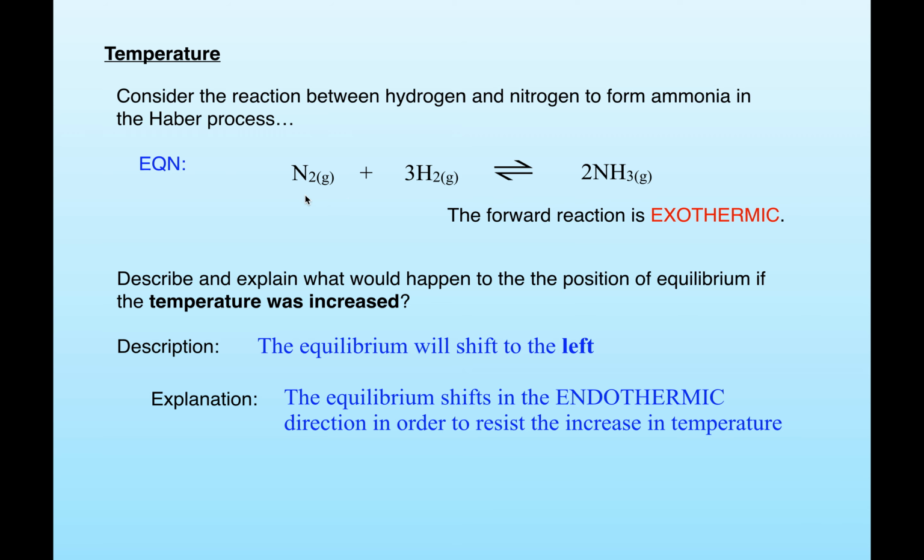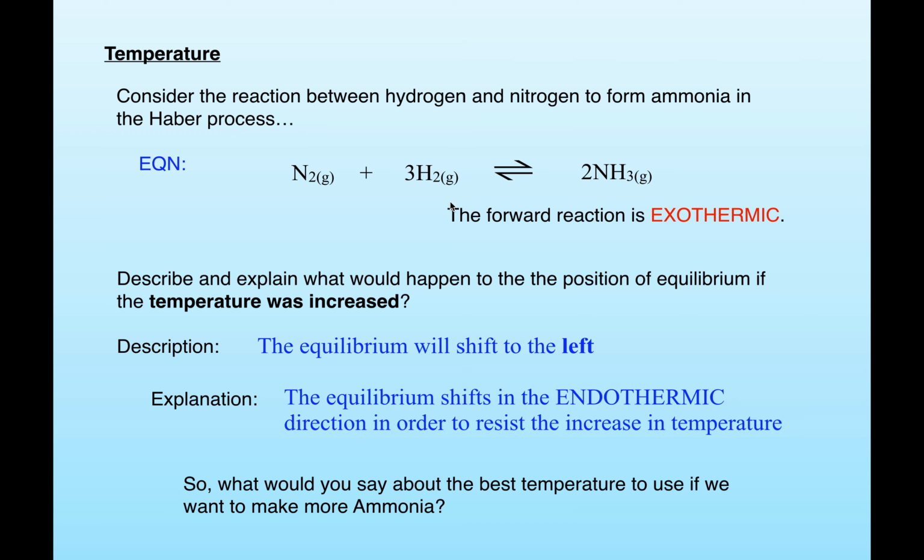So if I decrease the temperature, then the equilibrium would shift to the right in the exothermic direction in order to try and increase the temperature. This is something we'll talk about later on, but what would be the best temperature to use if we want to make more ammonia? Well, the best temperature, following this logic, would be a low temperature, because that would make more of the ammonia.